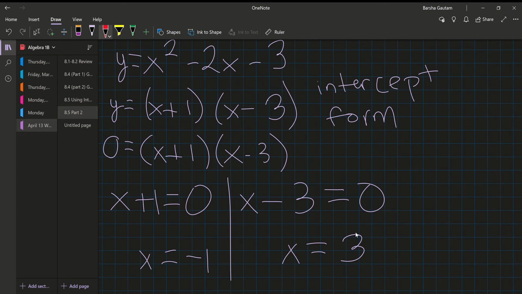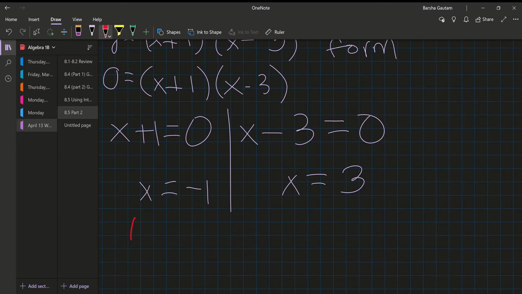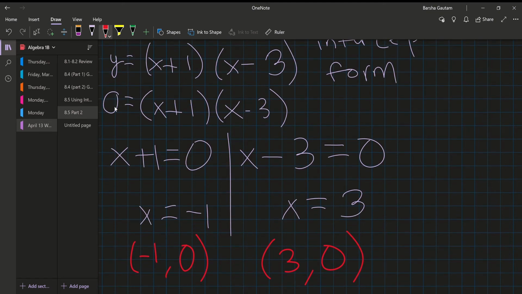So how are we going to use this? This is not in coordinate form right now. So we're going to have to convert this to a coordinate. And remember, since they're x-intercepts, that means our y's are 0. Remember that we set y to equal 0 here. So that's why I'm plugging in 0 right here.